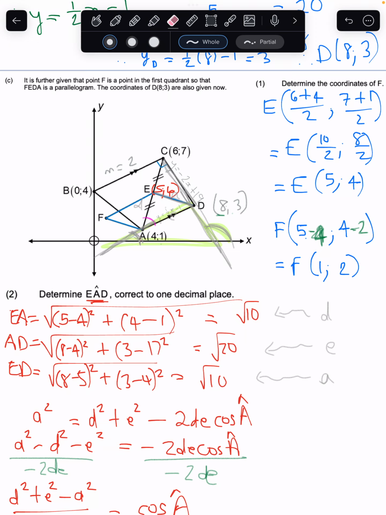So let's not think about that angle. I'm not sure why EAD is this angle minus this angle.